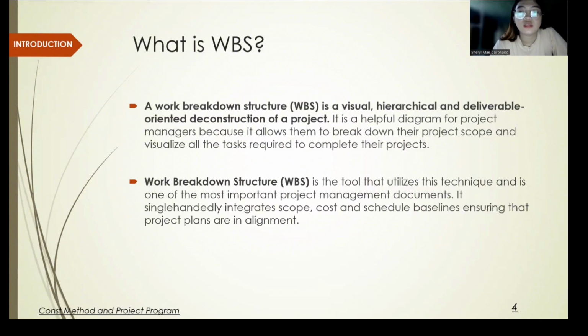It is one of the most important project management documents. It single-handedly integrates scope, cost, and schedule baselines, ensuring that project plans are in alignment.